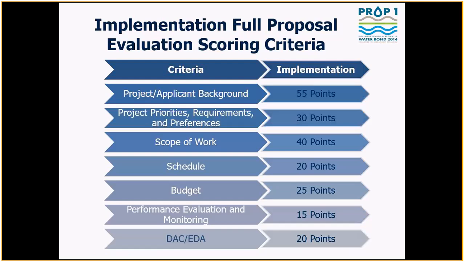If you apply and are accepted for DAC benefits, there will be a 20-point bonus for that. So make sure to review Appendix F for more detailed information. It will give you an idea of what the reviewers will be considering with regard to each scoring criteria.